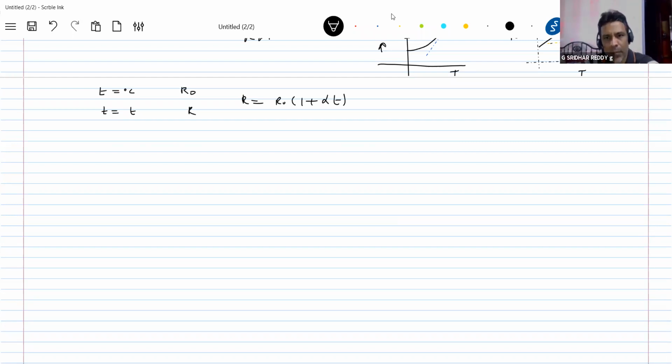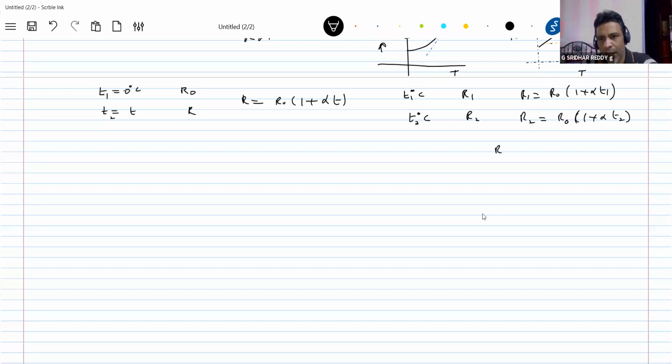If at temperature T1 degrees Celsius the resistance is R1, and at T2 degrees Celsius the resistance is R2, how do we find out? R1 is equal to R naught (1 plus alpha T1), and R2 is equal to R naught (1 plus alpha T2). Is that okay? Basic thing.